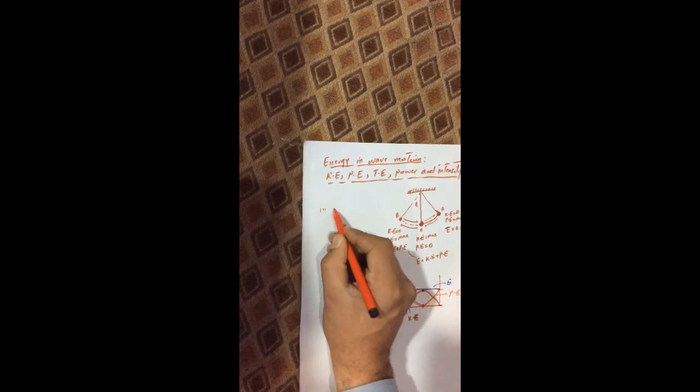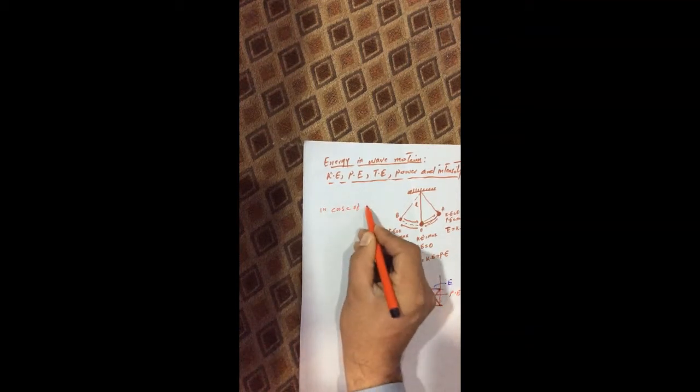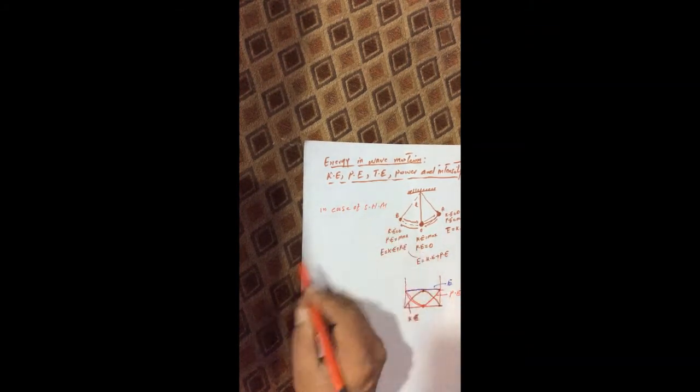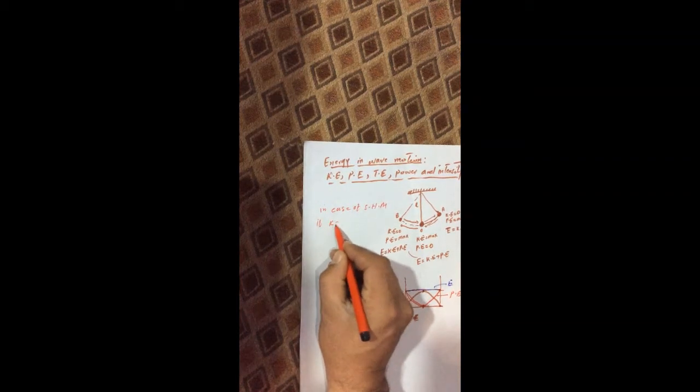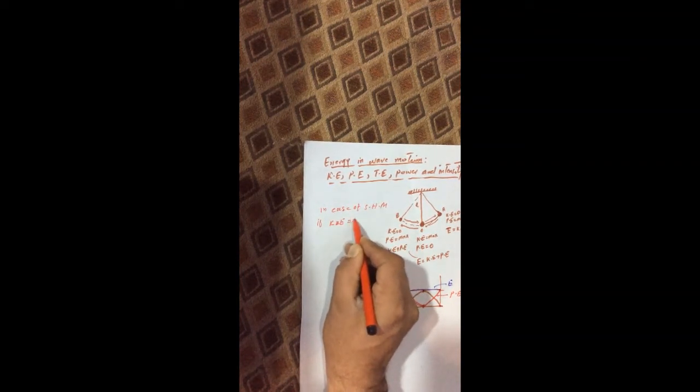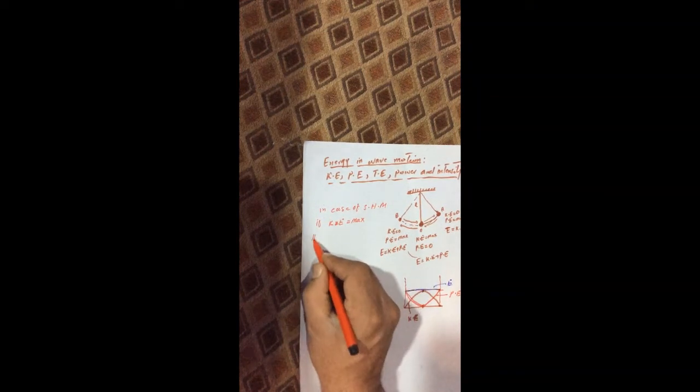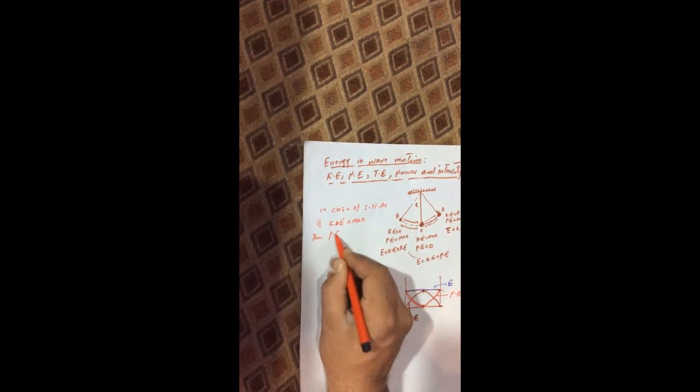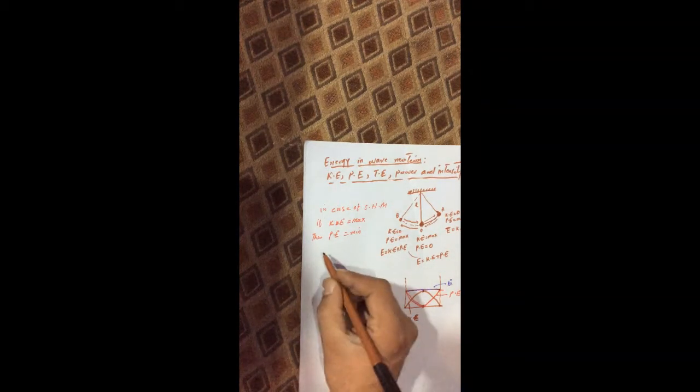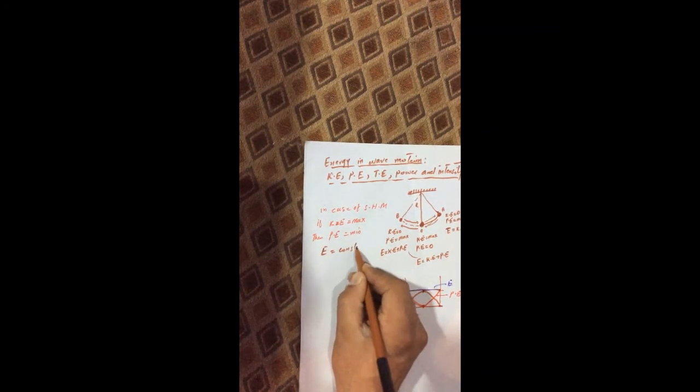Now in case of simple harmonic motion, if kinetic energy is at a maximum value, then potential energy will be minimum, and the total energy E will remain constant throughout this motion.